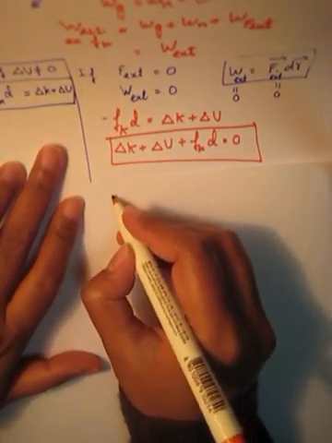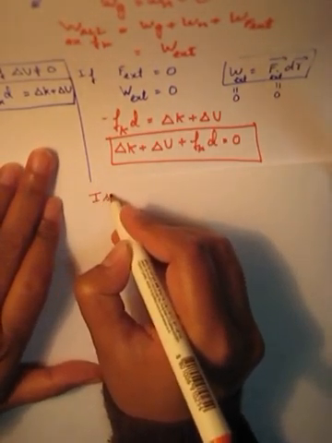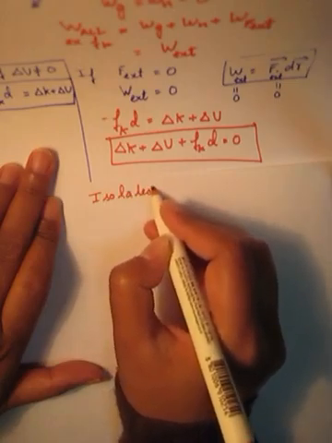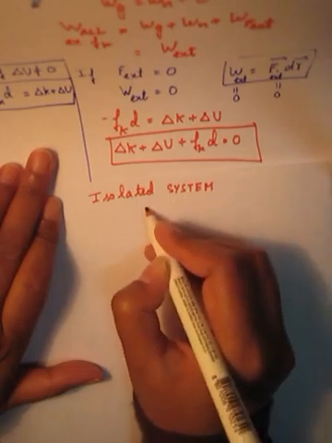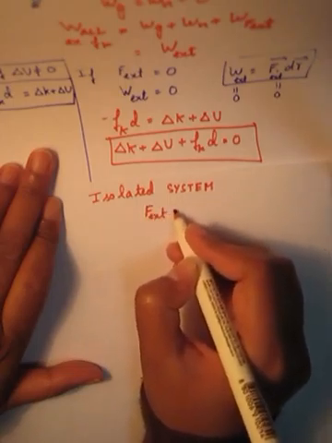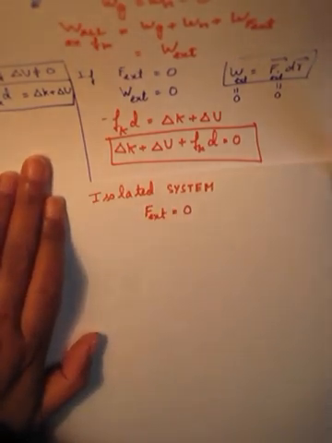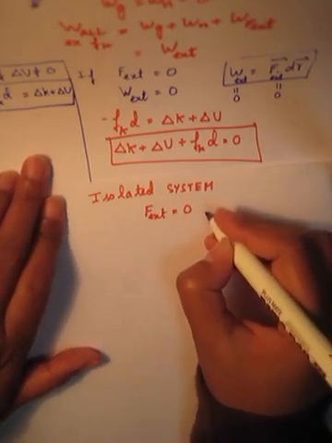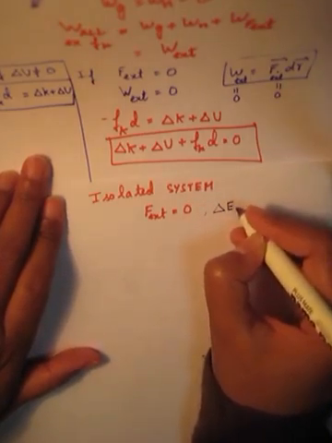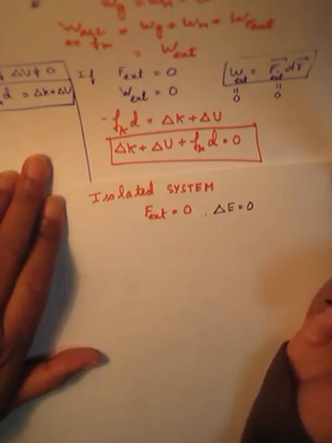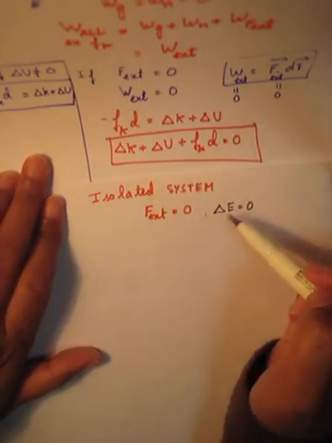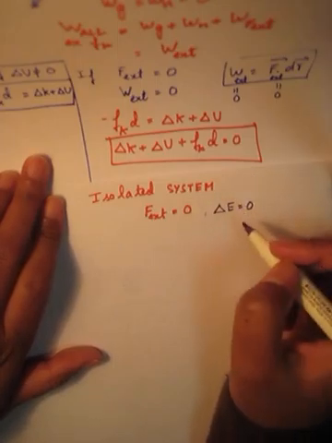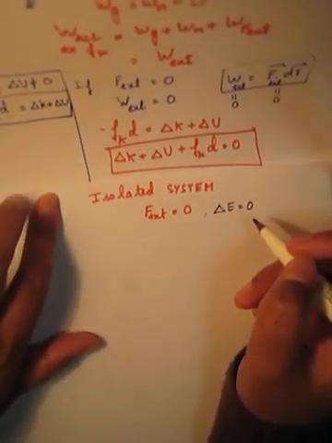Now if we remember, in an isolated system the external force is equal to 0, and then the total change in energy will be equal to 0, because we don't have any other transfer, we just had work. And if work is also 0, then it will behave as an isolated system. Delta E will be equal to 0.